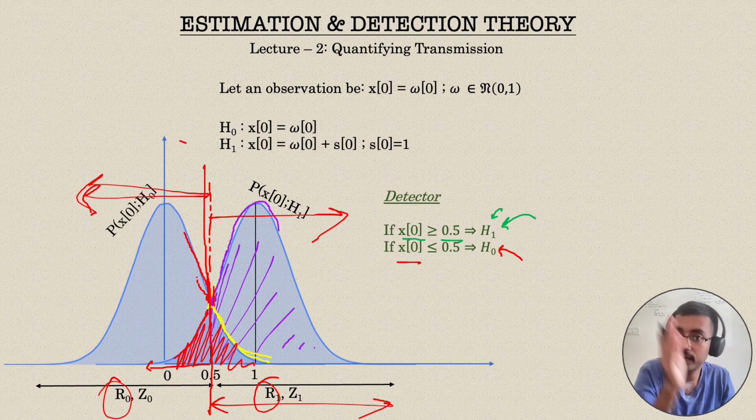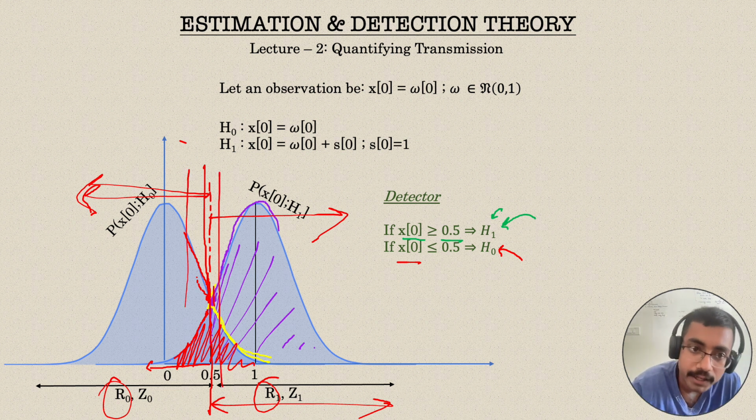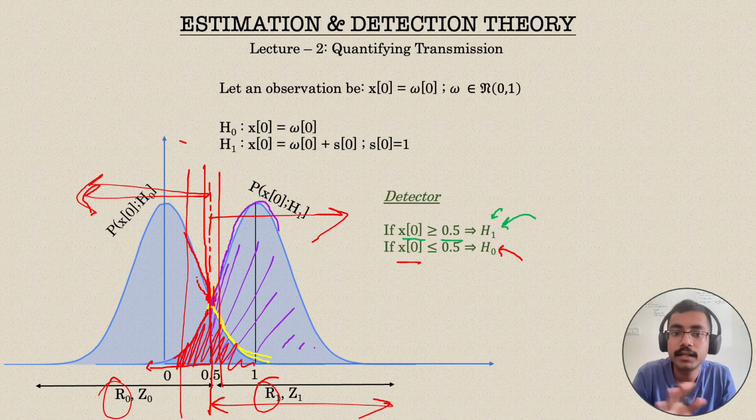Once again, this is not a fixed threshold. We just built a detector out of our own common sense. The threshold, you can keep it here, or you can keep it here. It really depends on the situation. There is no one-stop solution to the threshold. It depends on many things, as we'll be seeing in the upcoming lectures. So basically, we built a detector where we have a threshold, and the two sides of the threshold are the two decisions being made.